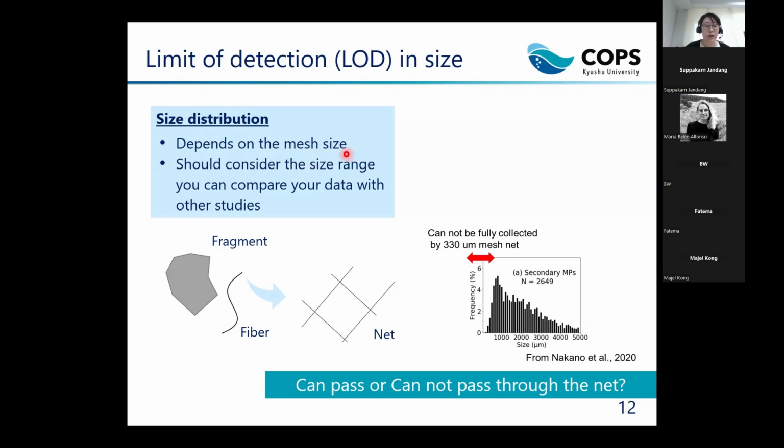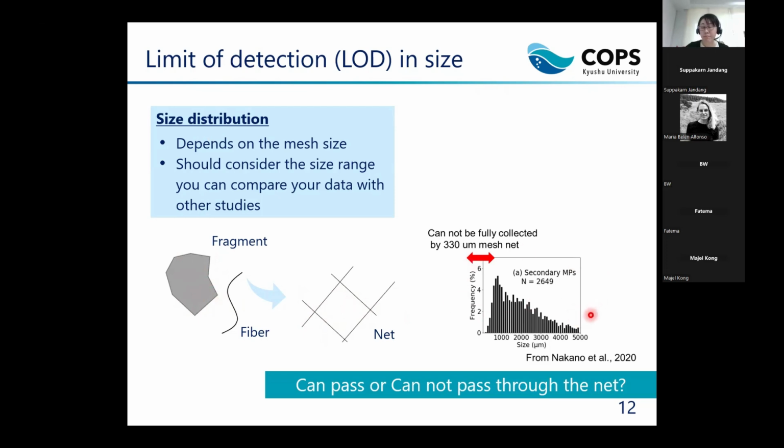So in the case of the left side figures, if your particle is the same size as the mesh size of the net, the particle can pass through the net, so you cannot collect all of the particles.